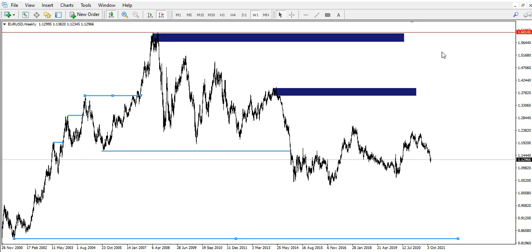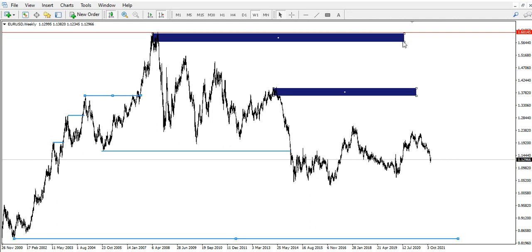So now the question is, which one do we choose? Are we going to choose this one here, or this one here? Here is the last up candle prior to the whole move that changed the direction. So let's start here.